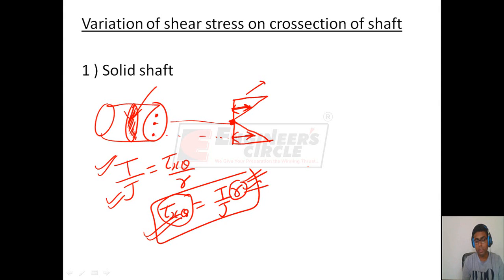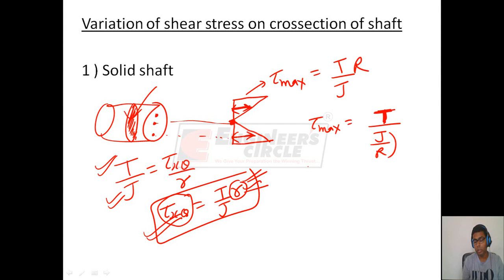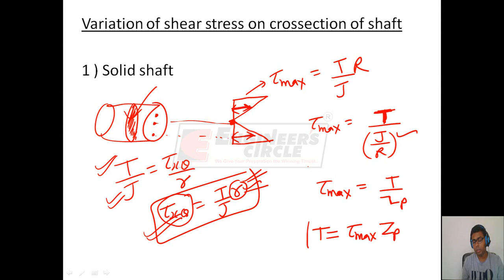So the tau max value can be given as T by J into R, that is capital R. So we can write this tau max as T by J divided by R. Now this J by R we know is equal to polar section modulus. So we get T by Zp. Therefore, the internal torque on any cross section is equal to the maximum shear stress on that section into the polar section modulus of that cross section.